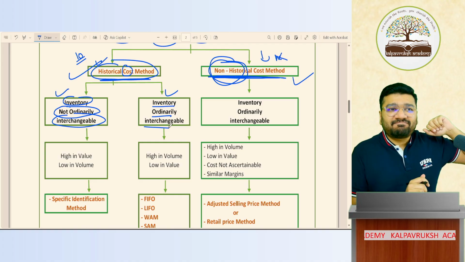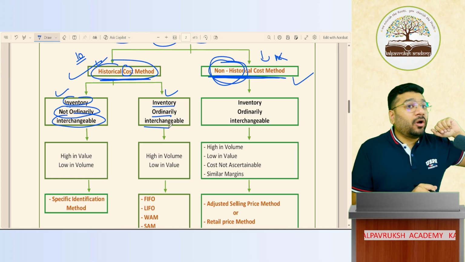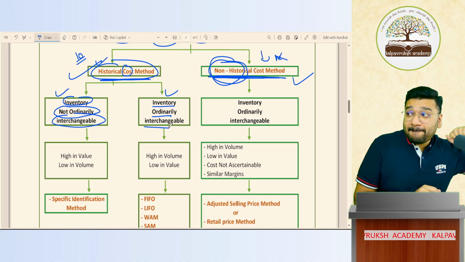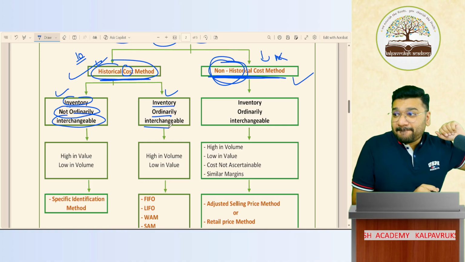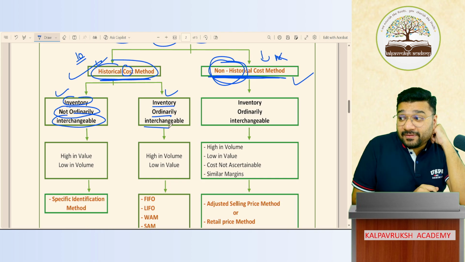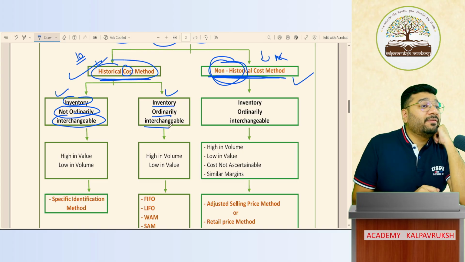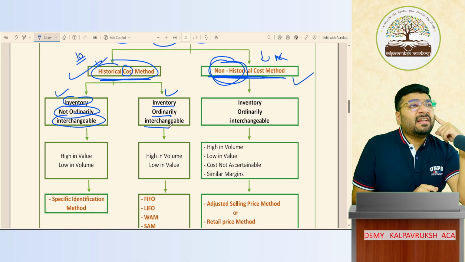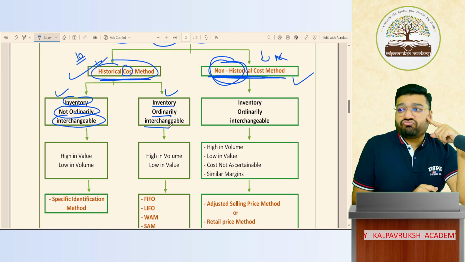No. Inventory not ordinarily interchangeable. Replaceable? Inventory changes every time over here? No.